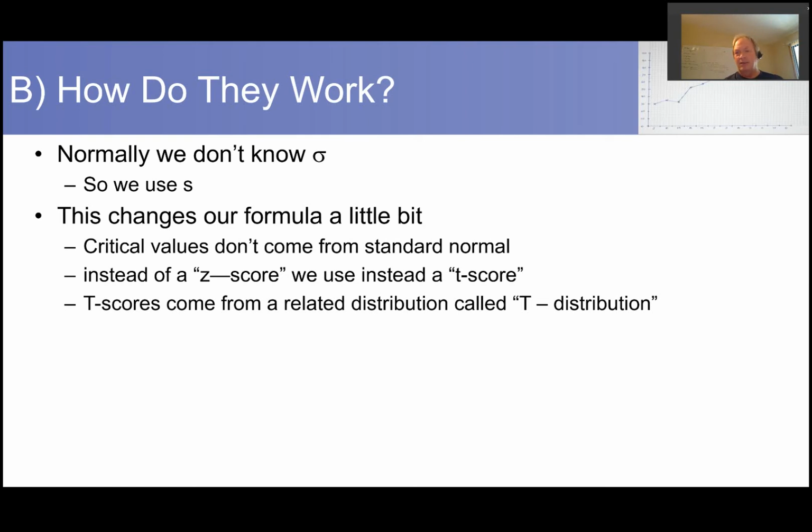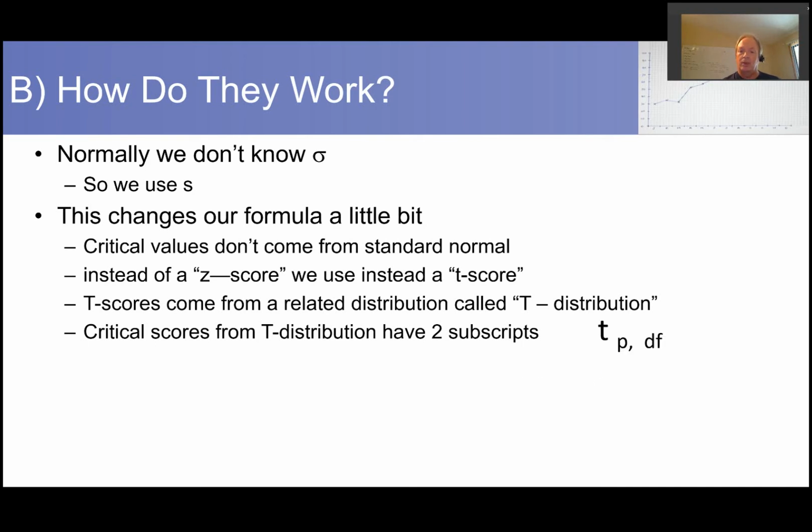I'm not going to get into this a lot, but what you want to know is that when we're working with these critical scores in the t-distribution, sometimes you'll see two subscripts associated with them. The one is not a surprise. It's the same as the z-score. We have the probability in the lower tail, that probability p. The other one, the z-score does not have.